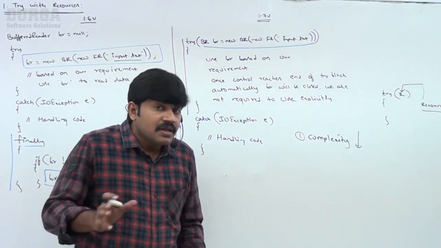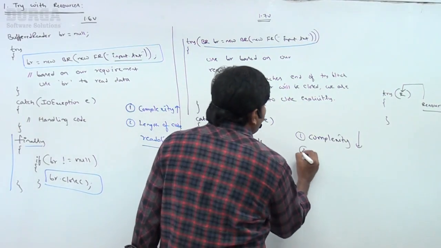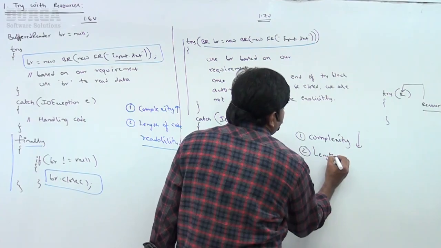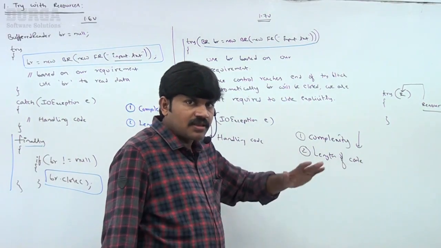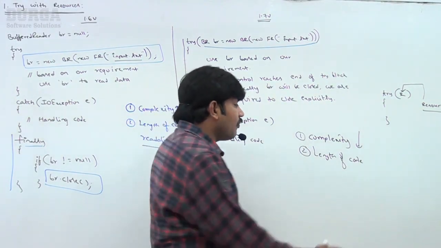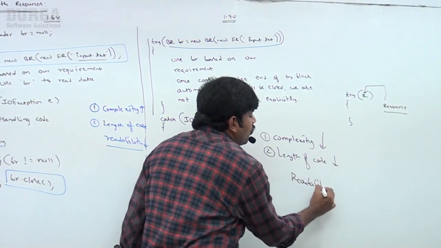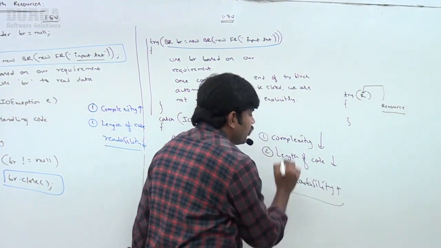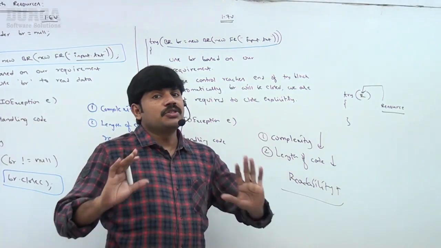Complexity is not there. Next, the length of the code will be reduced. Readability of the code by default will be improved. This is the advantage of try-with-resources.